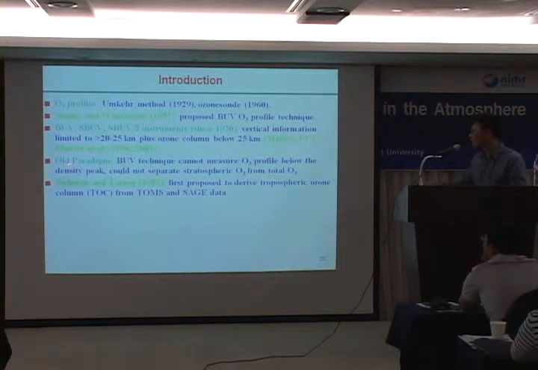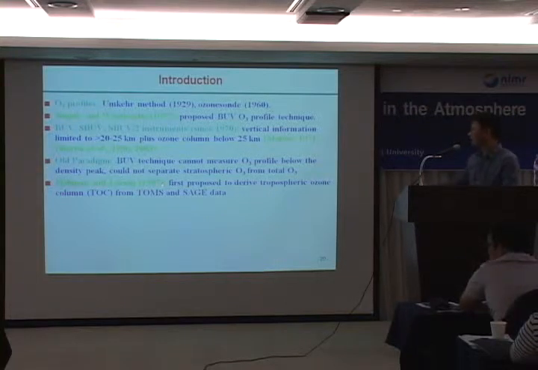That's an old paradigm, especially in the last century. The BUV technique cannot measure the ozone profile below the density peak, could not separate the stratospheric ozone from the total ozone.